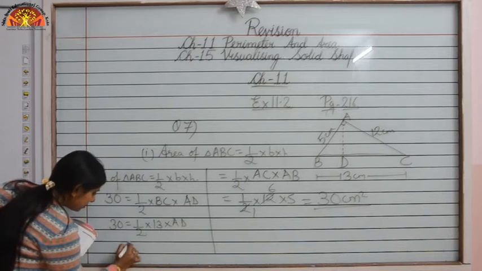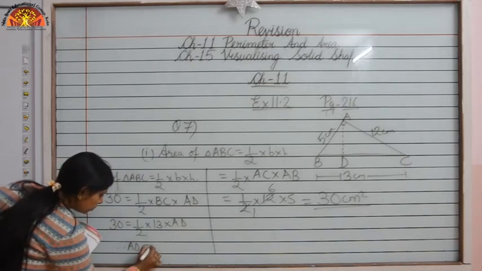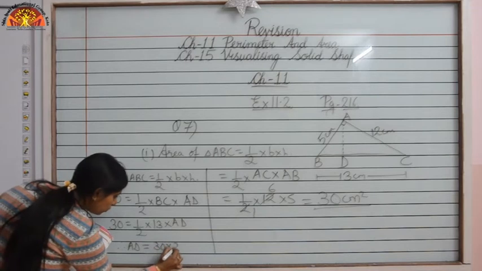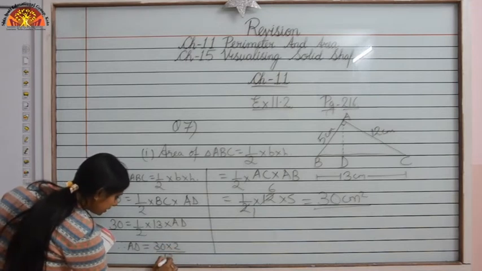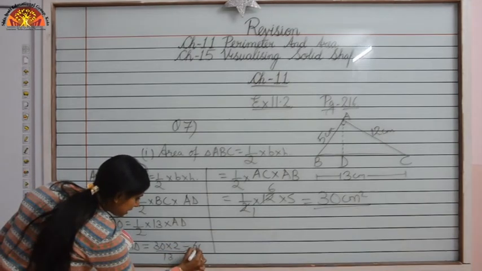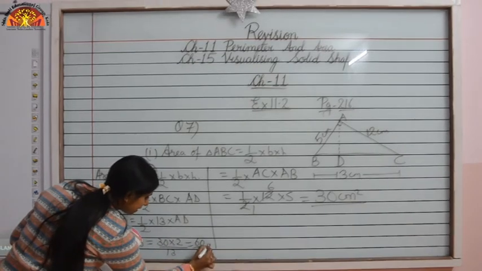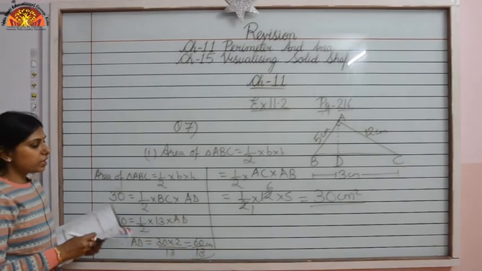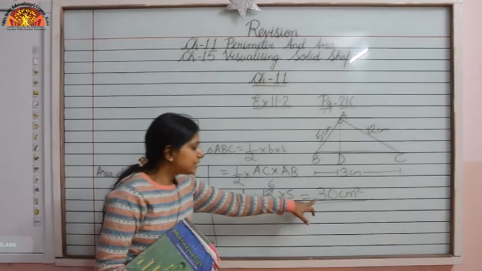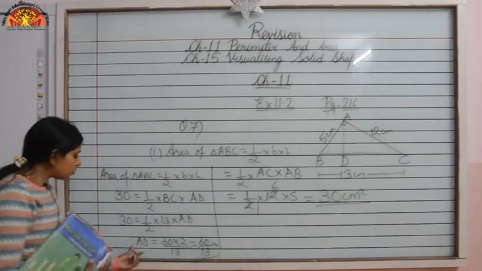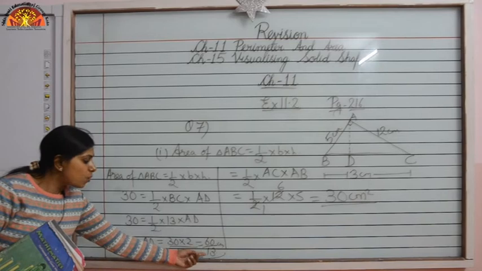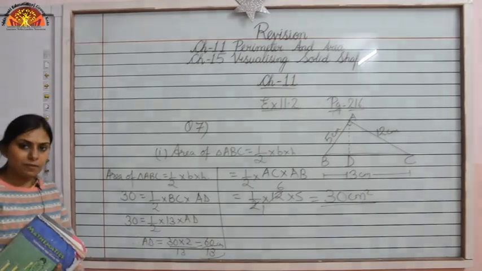That means therefore AD is equal to 30 into 2 upon 13, that is 60 upon 13 centimeters. Is it clear? So the area of triangle ABC is 30 centimeter square and the length of AD is 60 upon 13 centimeters. Is it clear?